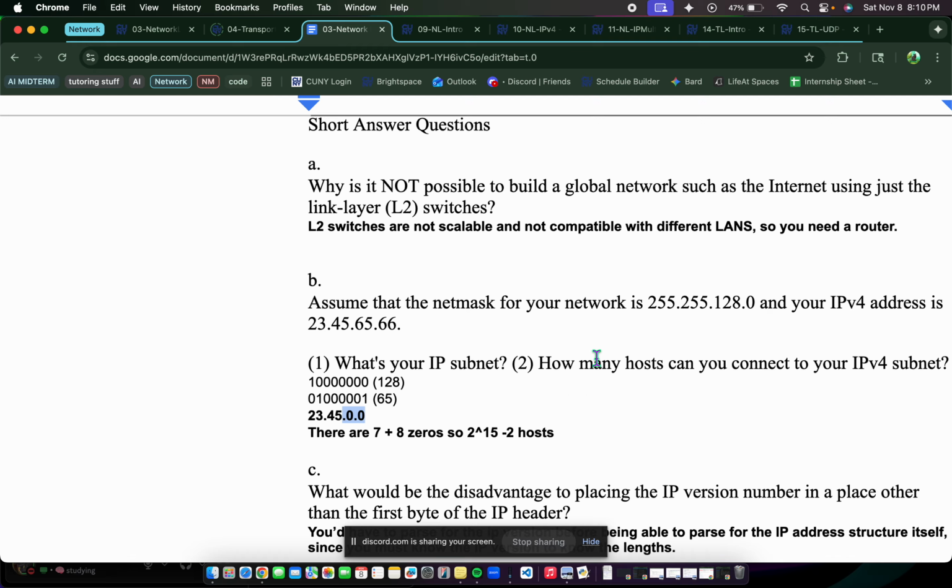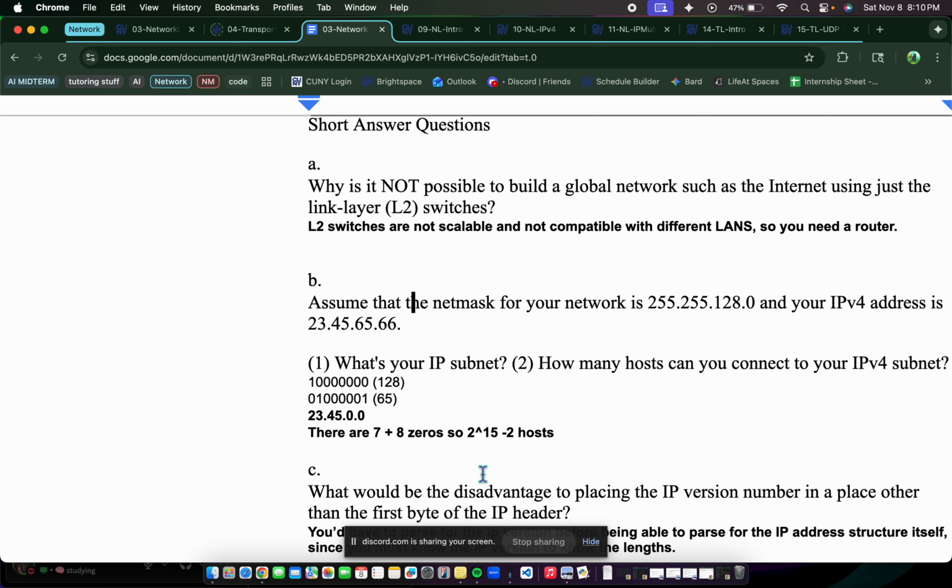So that is just going to be our 2 zeros there. And because of the net mask, we see that there are 7 zeros here. There's another byte we're missing because this is just dealing with the third byte.